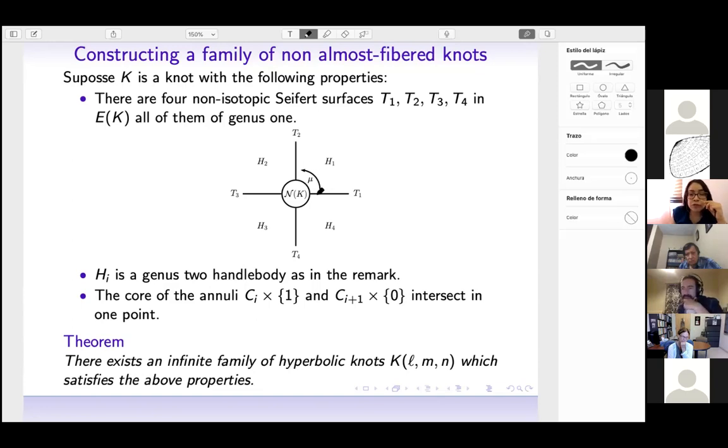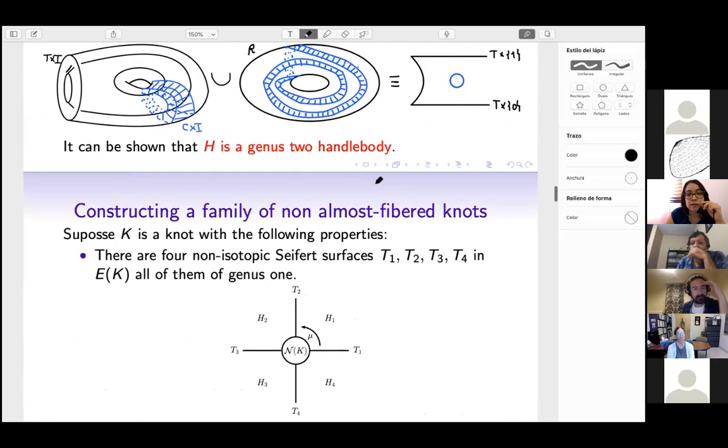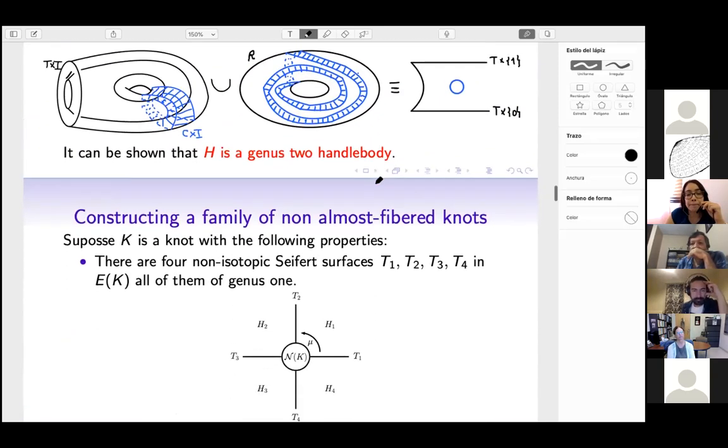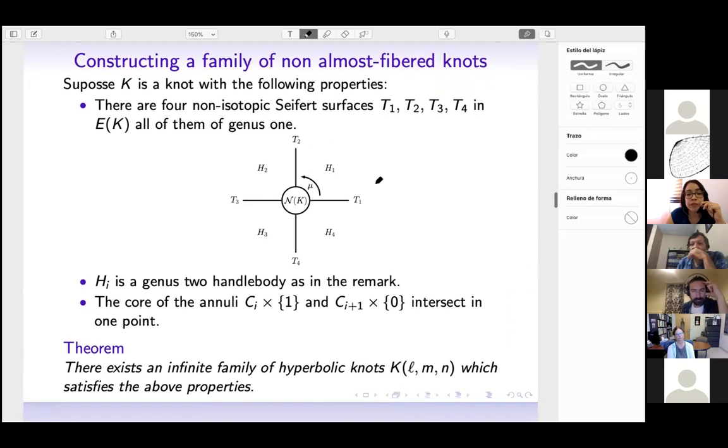Each region between two of these Seifert surfaces is a genus 2 handlebody, as in the remark, with this construction. The cores of the annuli C_i cross 1 and C_{i+1} cross 0 intersect in one point.